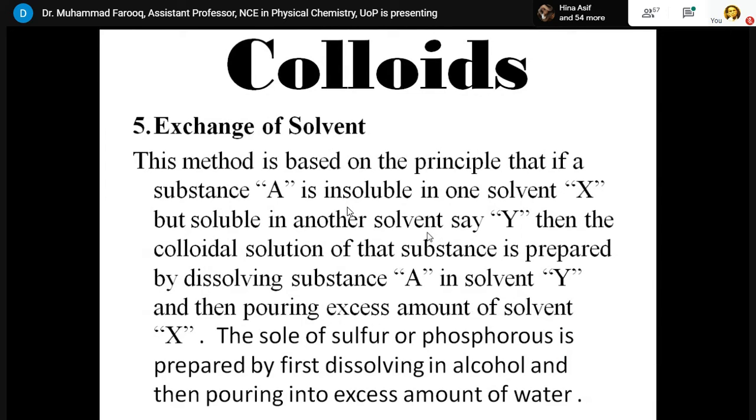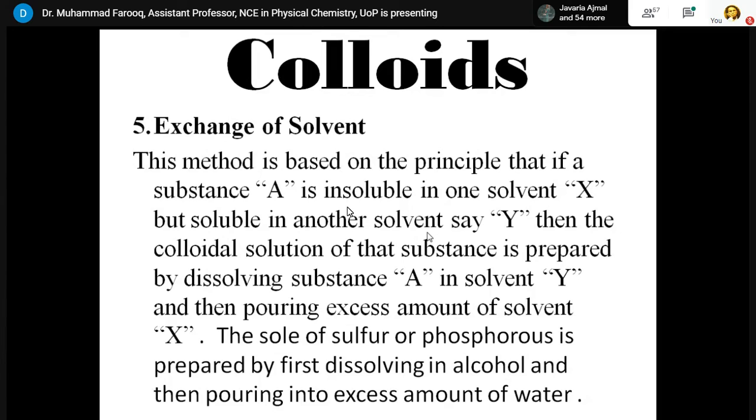We will get a colloid, meaning the particle size will come into the size range of a colloid, which is 1 millimicron to 100 millimicron. This is exchange of solvent.